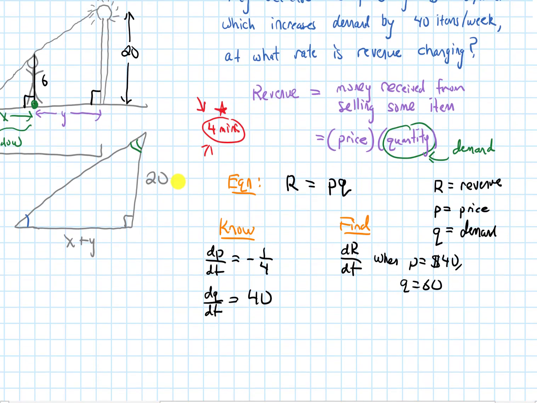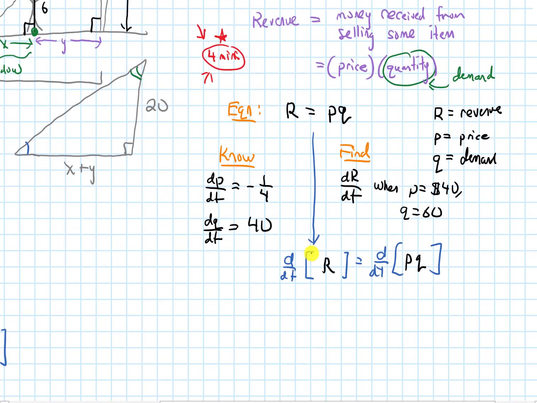So let's do the derivative of our equation. Let's do d/dt of both sides. We'll get d/dt of R on the left and d/dt of PQ on the right. So d/dt of R, using implicit differentiation, is just dR/dt.